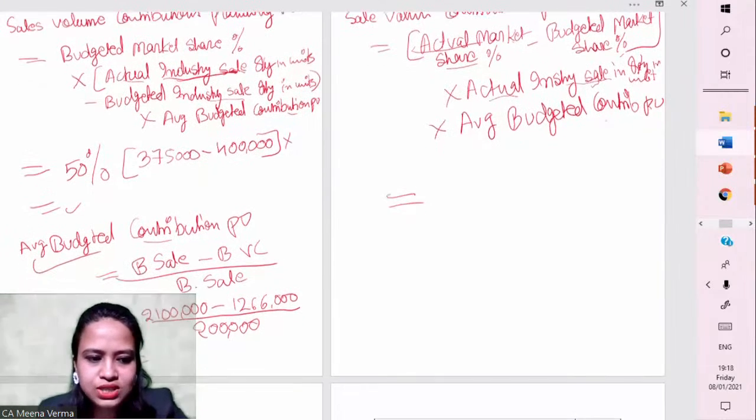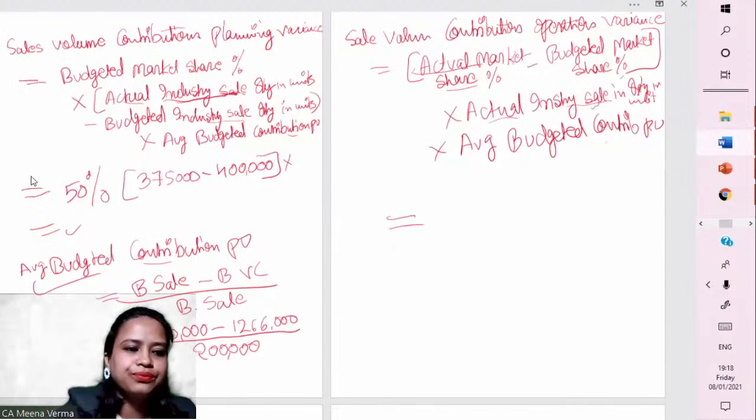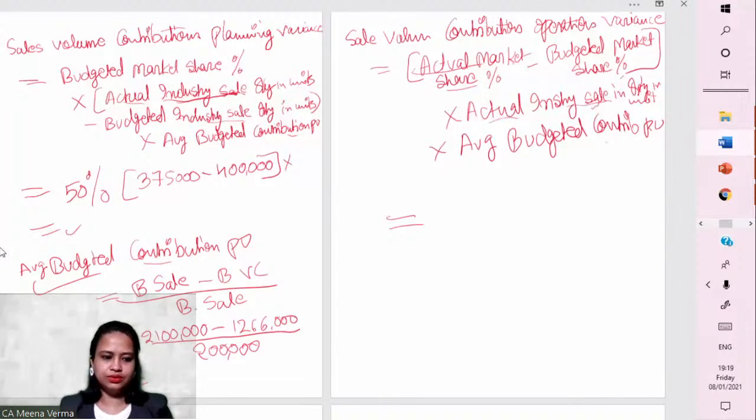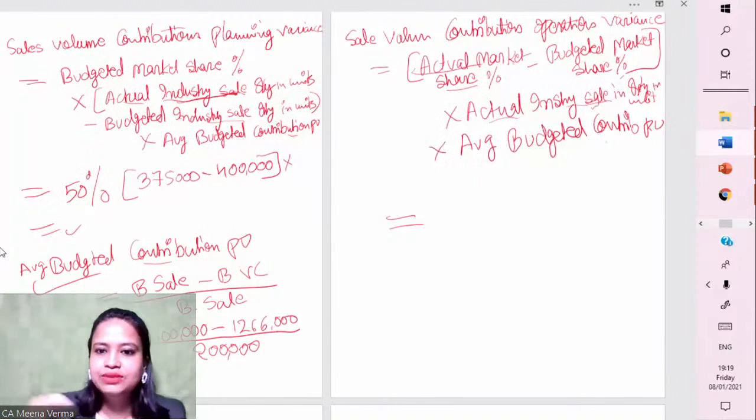Give me these two values. I got answers from Hema and Anjali.